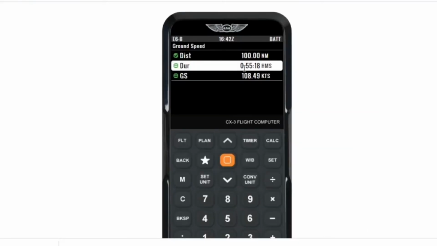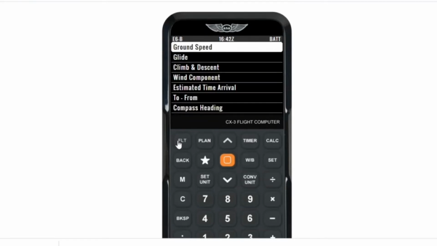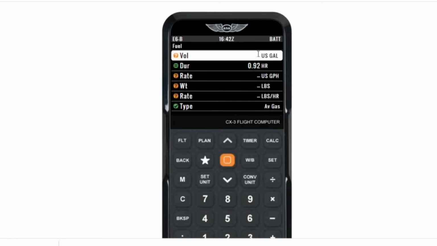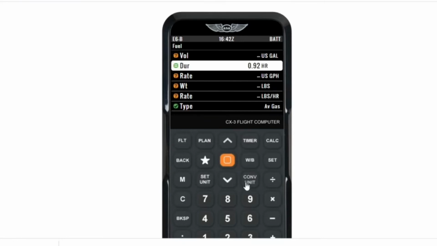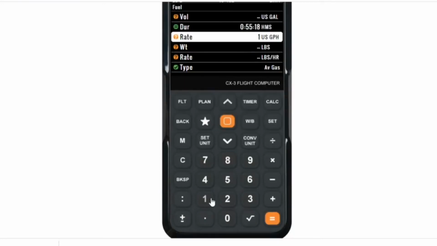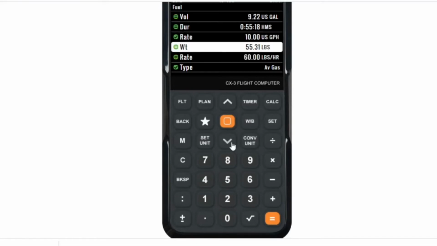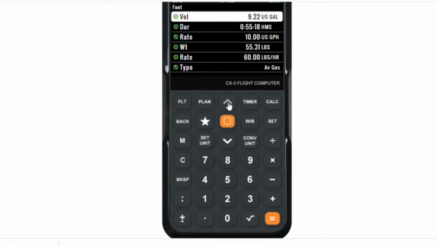So now that we know how long the time would be to cover that distance, we can go back into our CX3 and look at the fuel calculation and say, okay, if the flight is going to be, like we said, 55 minutes, and we burn, let's say, 10 gallons of fuel per hour, we can see over that whole flight, we're going to need a total of 9.2 gallons to get from our first airport to our destination.